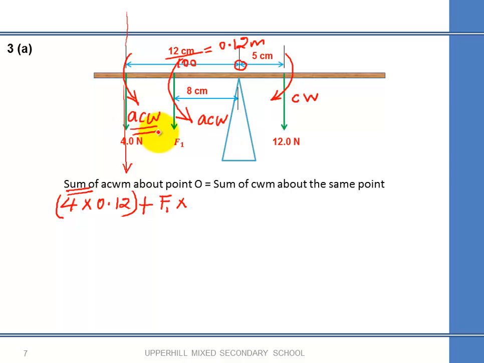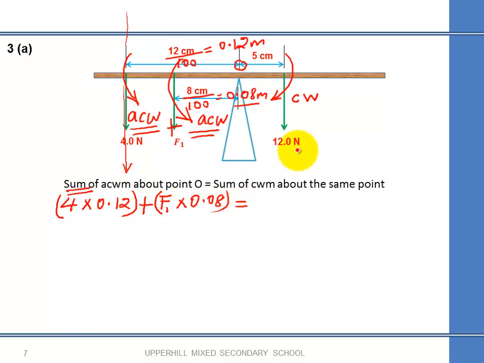There are two anti-clockwise moments, so we add them up. So F1 times 0.08. Again, I get 0.08 by dividing 8 by 100 in order to get that into meters. That's all about the anti-clockwise moment.